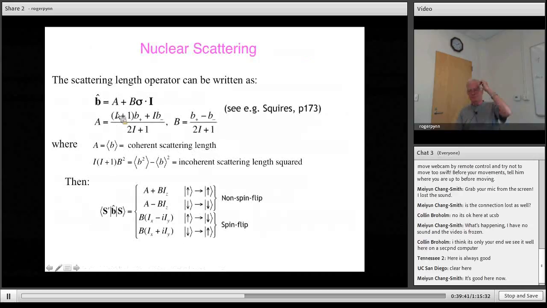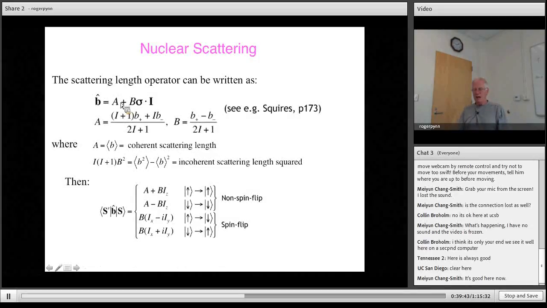piece here. So now we can go back and we can work out what the matrix element is for the nuclear scattering, and of course we'll have our Pauli matrix in here, and since it's a dot product with the spin of the nucleus, there'll be a sigma x times Ix, a sigma y times Iy, and a sigma z times Iz.